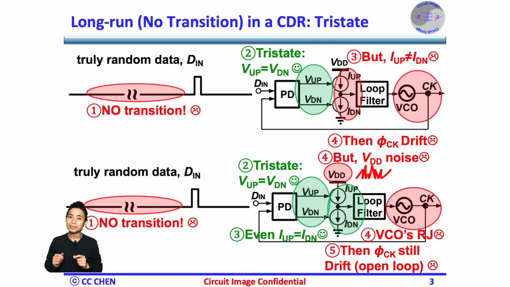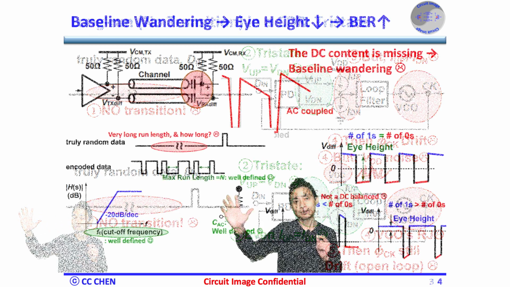The phase alignment in the time domain helps reduce the bit error. Do you see any benefit of the encoded data that will improve the bit error in the voltage domain? Think about the image of the AC coupled channel for 5 seconds. Bingo!